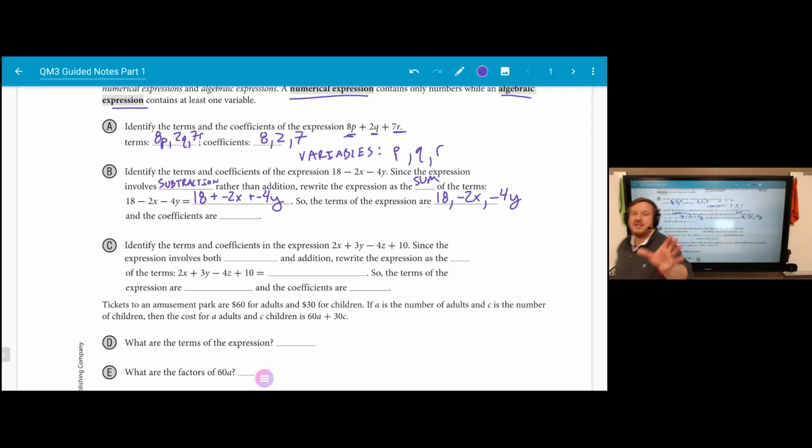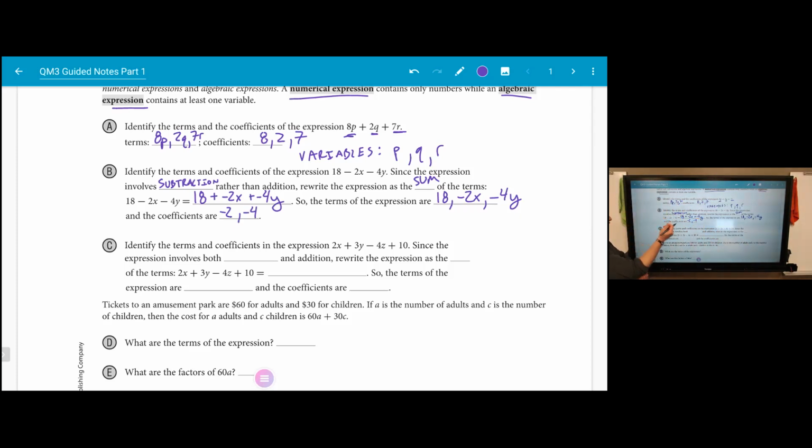And the coefficients are, drum roll please. You can pretend like you did. Let's see, 18 is not multiplying a variable, so 18 is not a coefficient. What's being multiplied by variables? We've got negative 2x, so negative 2 is the coefficient, and negative 4 is the coefficient for y.